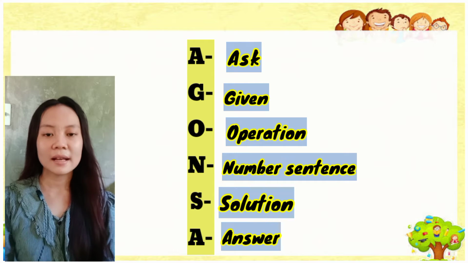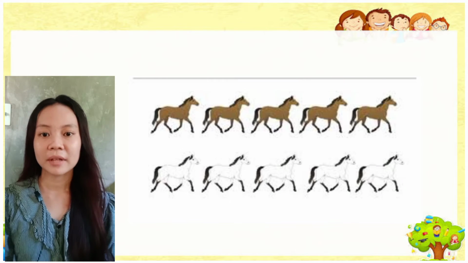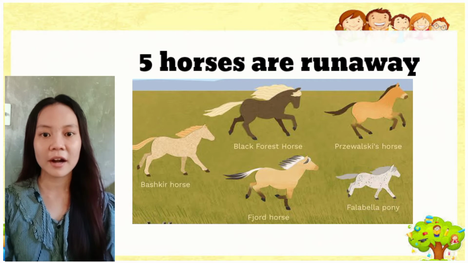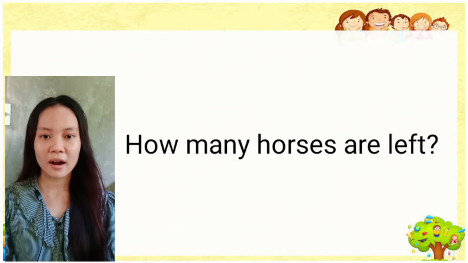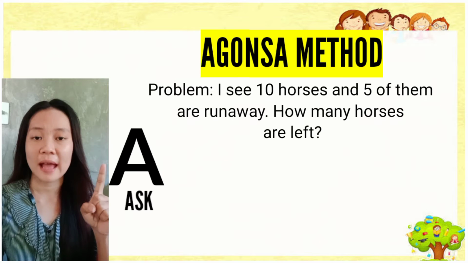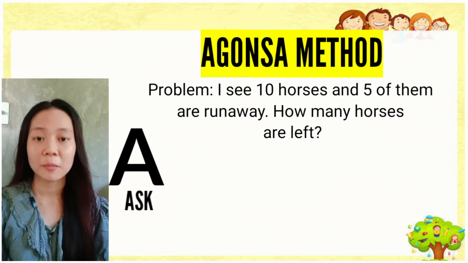So now, let's go back to the problem. In the farm, I see 10 horses, and then 5 of them run away. So how many horses are left? First thing to do, class, is ask. What is asked in the problem?